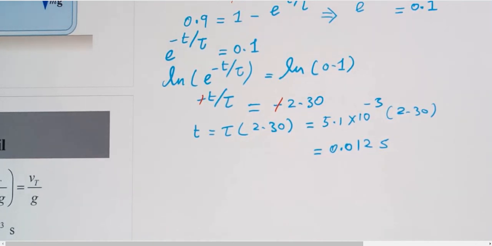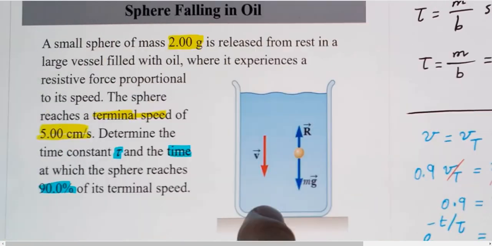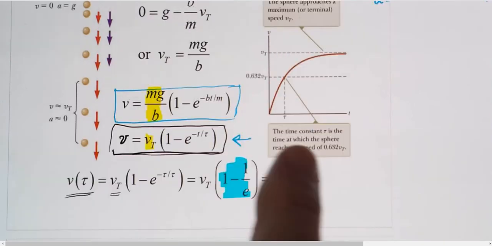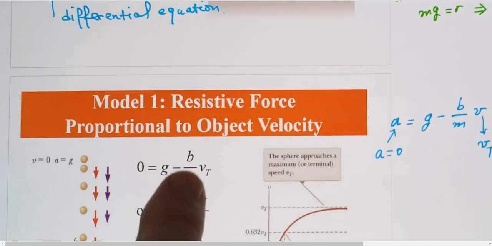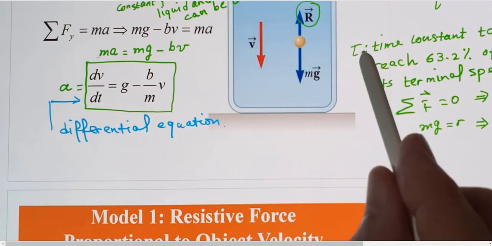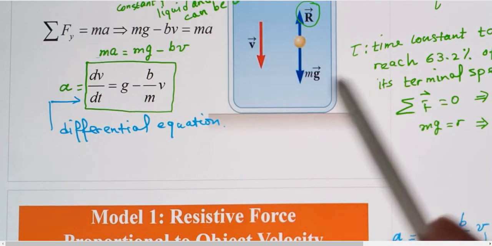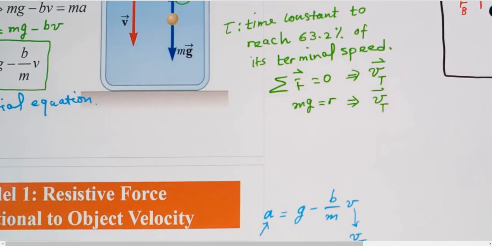Well, as we defined it before, tau is the time constant to reach 63% of the terminal speed.